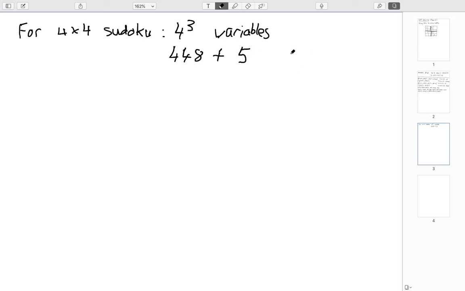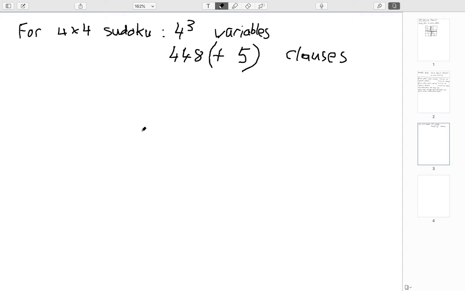So this is the number of clauses that appear in the conjunctive normal form that we're going to submit to a SAT solver. Let me put that in brackets because this depends on the problem. But we always have the 448 common clauses.